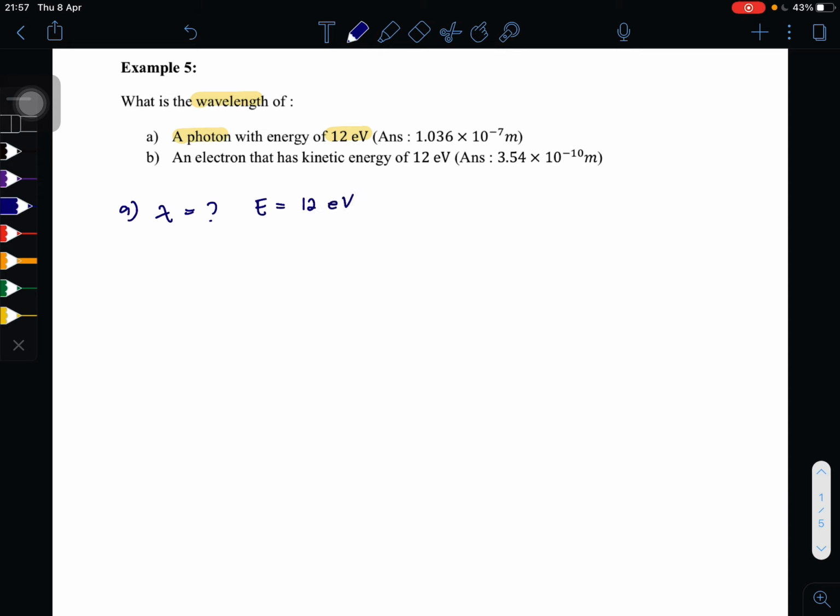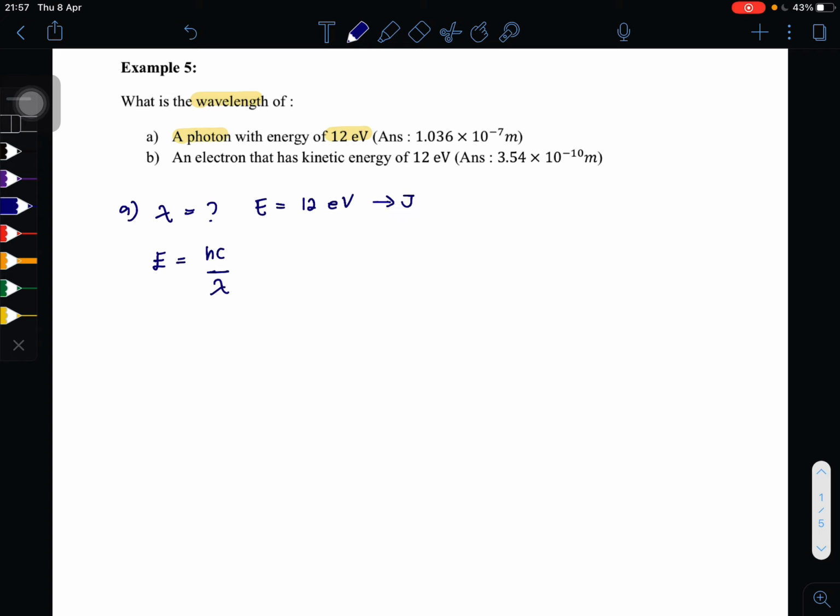Since this one is the photon, we are going to use the formula of the energy, which is equal to hc over lambda, where the energy here must be converted into the joule unit.